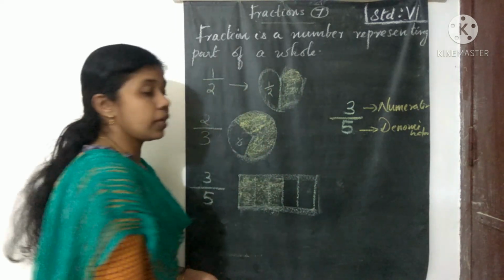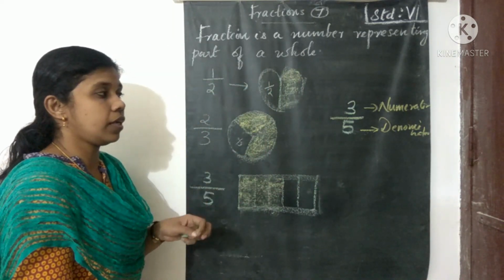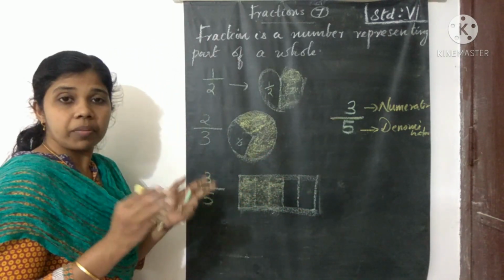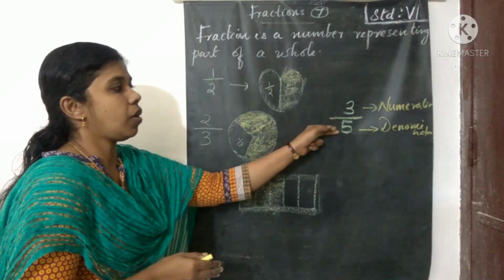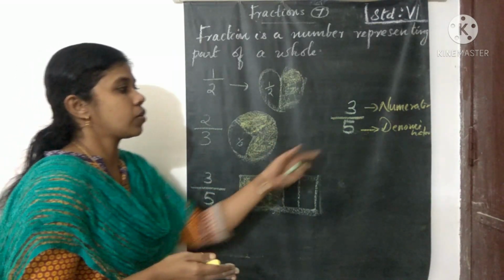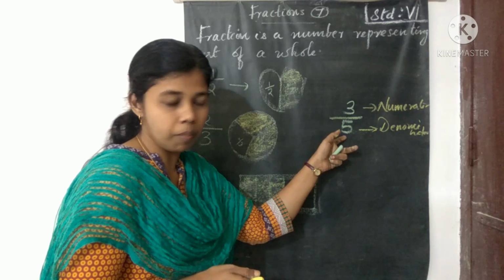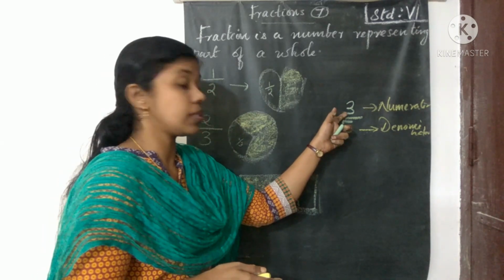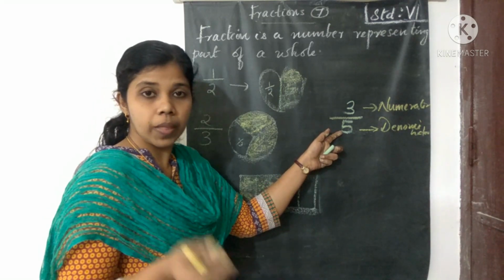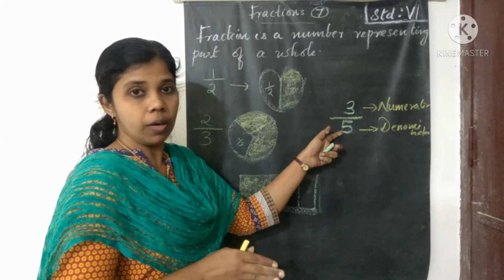Above the line numerator and below the line denominator. Numerator represents how many parts we have taken. The denominator represents total number of equal parts.